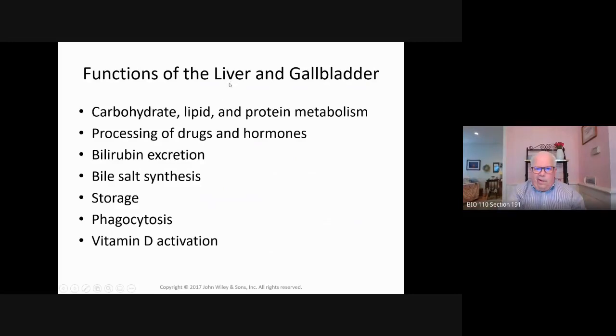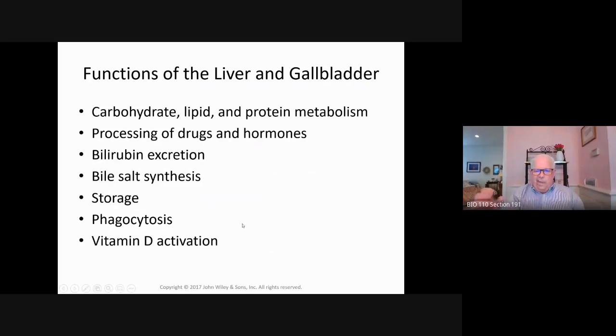The liver also produces phagocytes that kill bacteria. When the skin absorbs vitamin D, the liver activates it. The liver takes vitamin D and turns it into vitamin D3, and that's how it activates it.